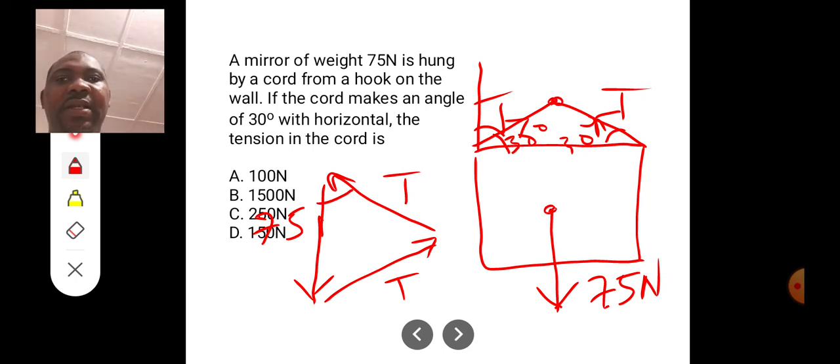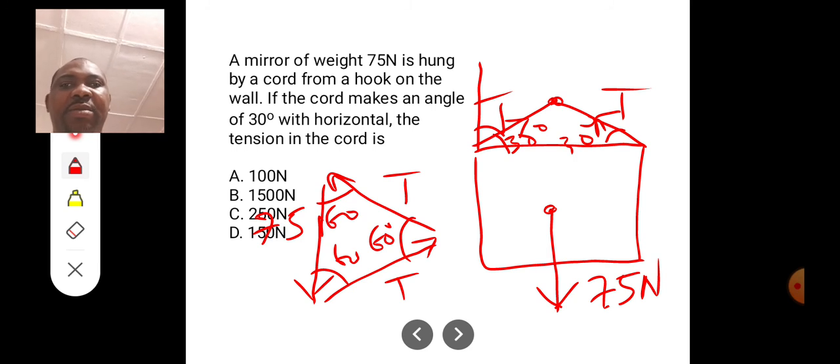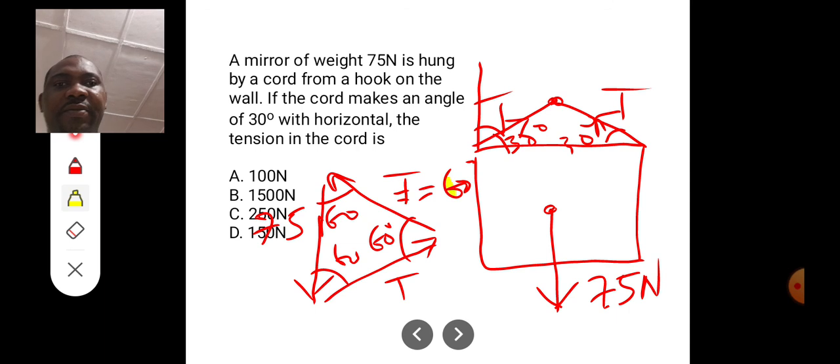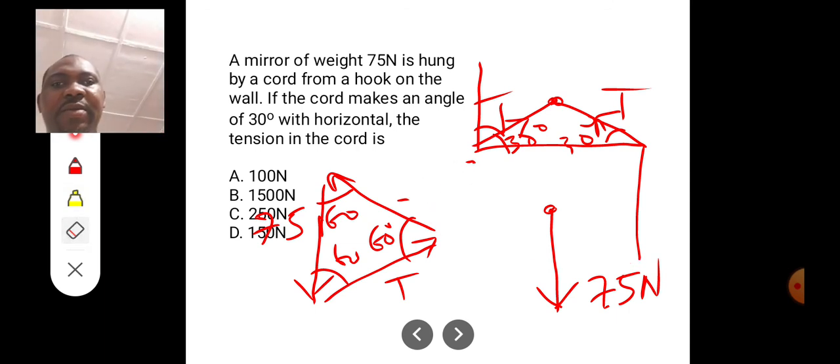That means here is 60, here is 60, and if these two are 60, it means that here is also 60 degrees. And since it is 60 degrees, this is an equilateral triangle. It means that each tension is 75 newtons.